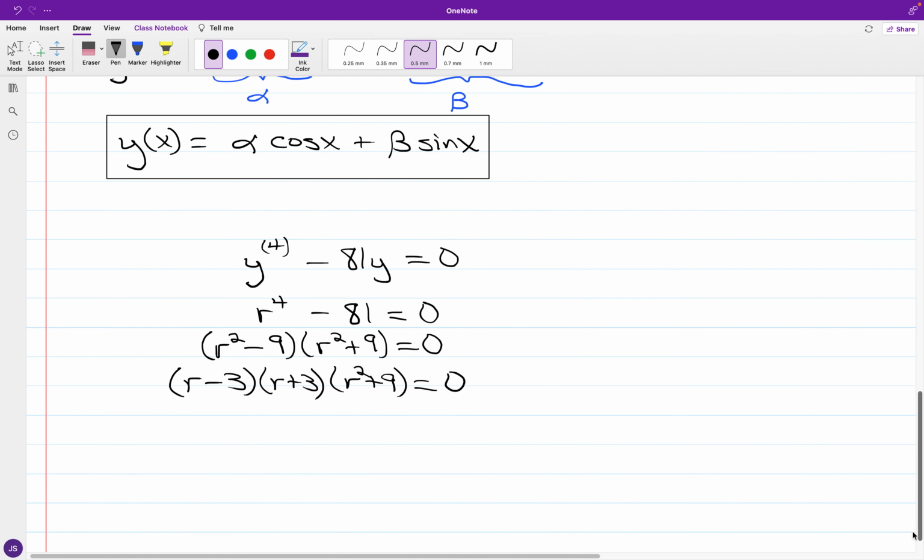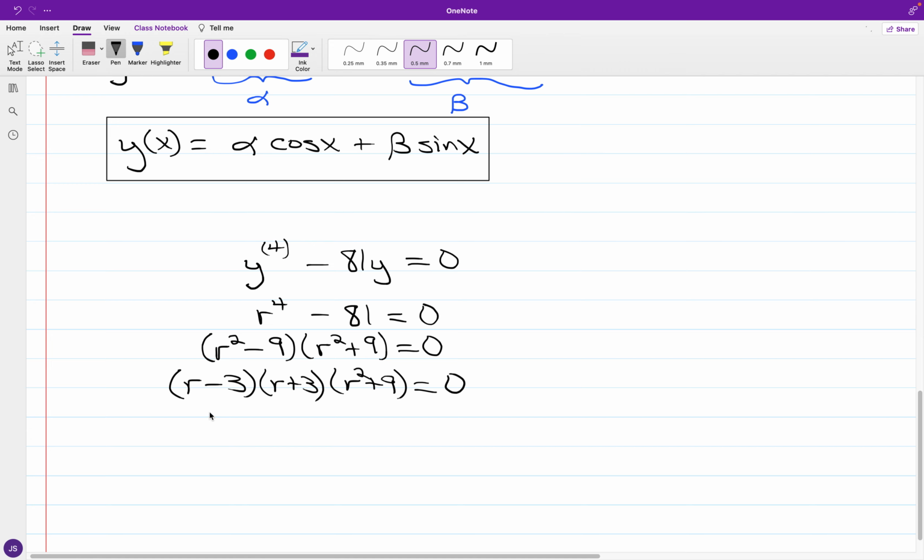So we're going to have 4 roots in this case, right? From r minus 3, the first root will be positive 3, and the second root will be negative 3. For r of 3 and r of negative 3, we have additive inverse real roots.